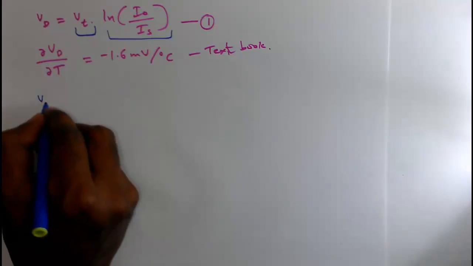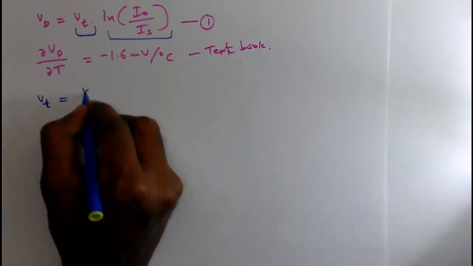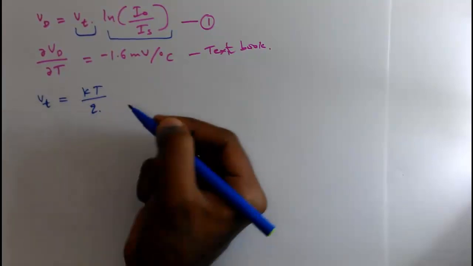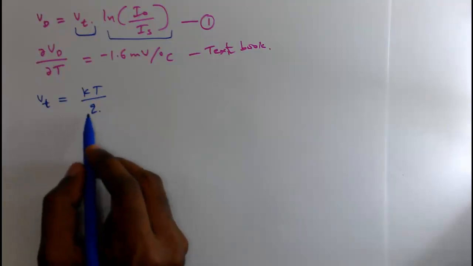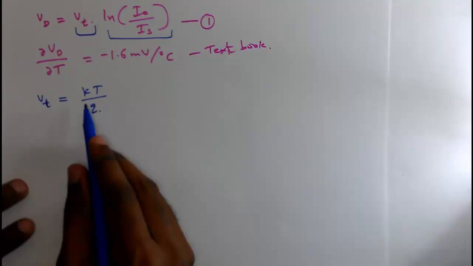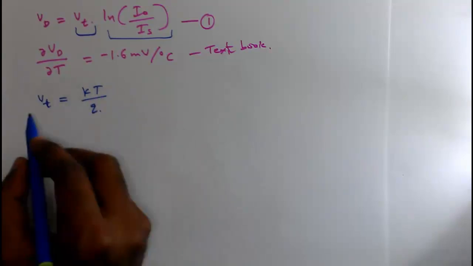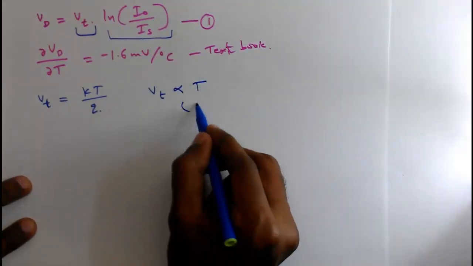So the equation for Vt, the thermal voltage, is Vt equal to kT by q. By seeing this equation we can say clearly that Vt is not a CTAT, because Vt is directly proportional to temperature. So this is a PTAT.